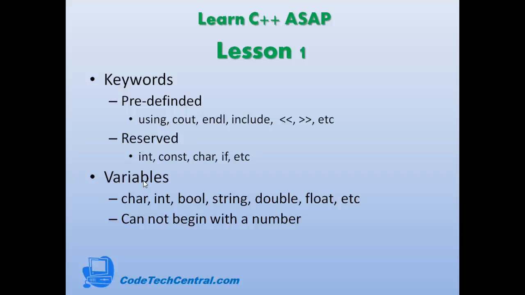The ones that are predefined, they already are associated with some blocks of code. The reserved ones, you cannot use those because those are reserved for whatever purposes they serve. And we're going to talk about variables and some rules that go into naming variables.